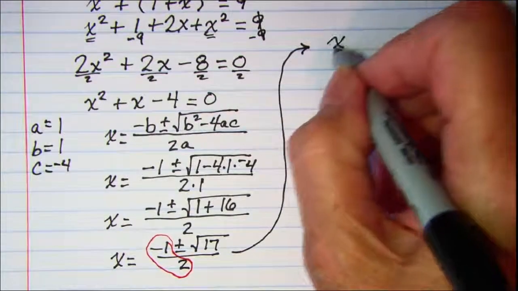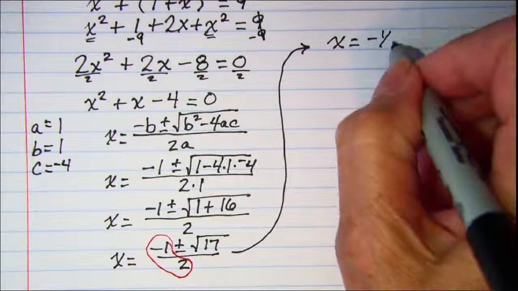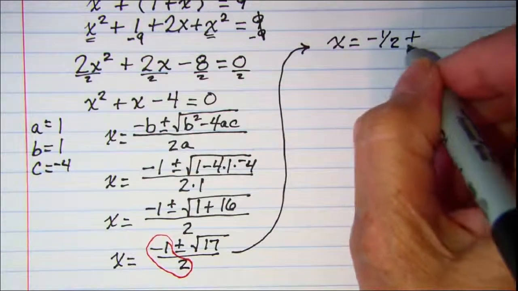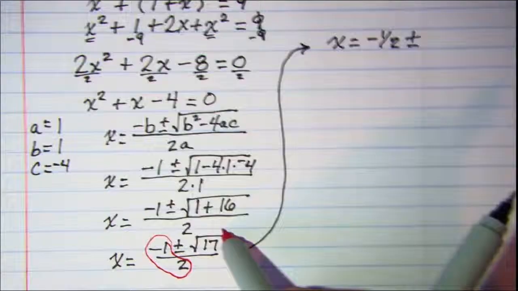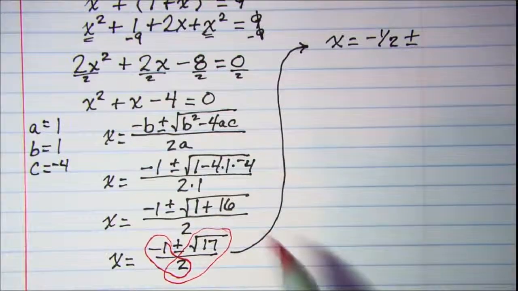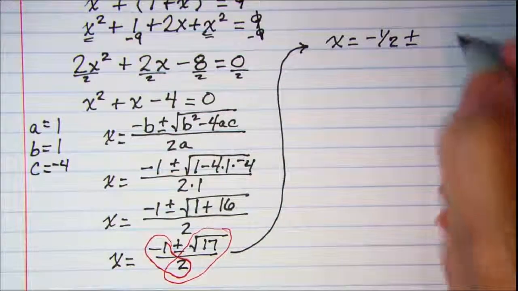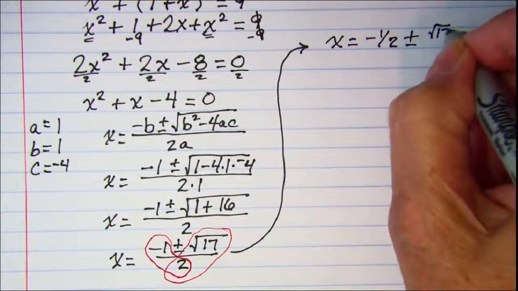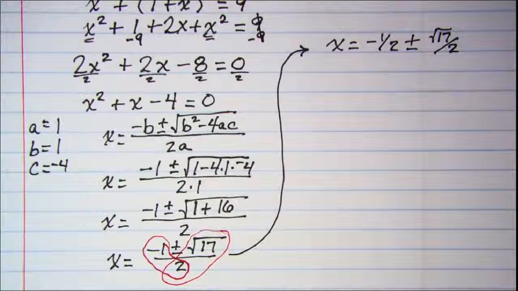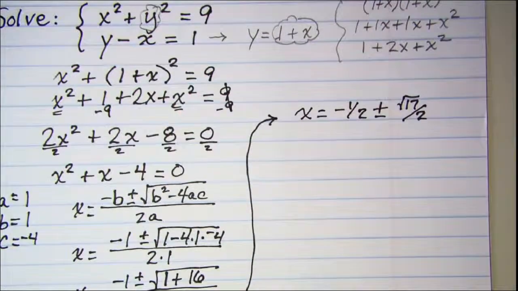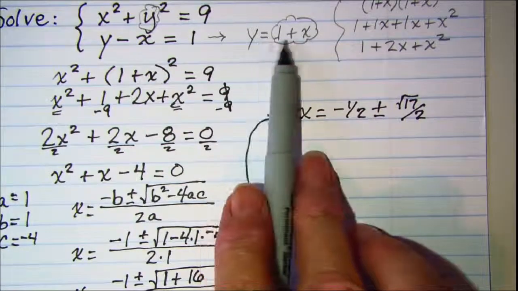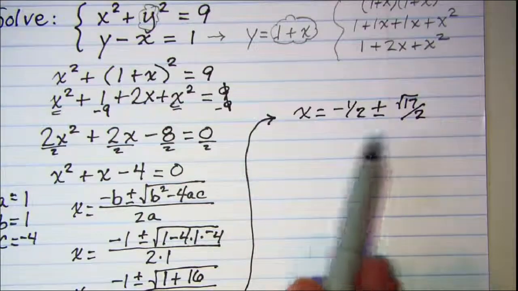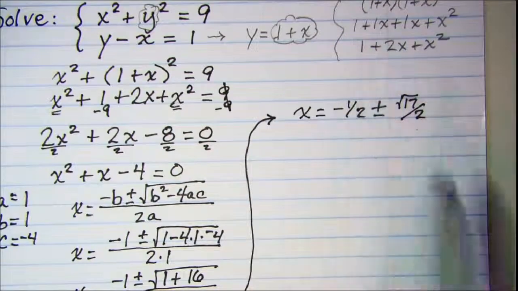So x is equal to a negative 1/2 plus or minus, my second term is root 17 over 2. So we're going to use this equation to find my y values. I can substitute my x values in here.